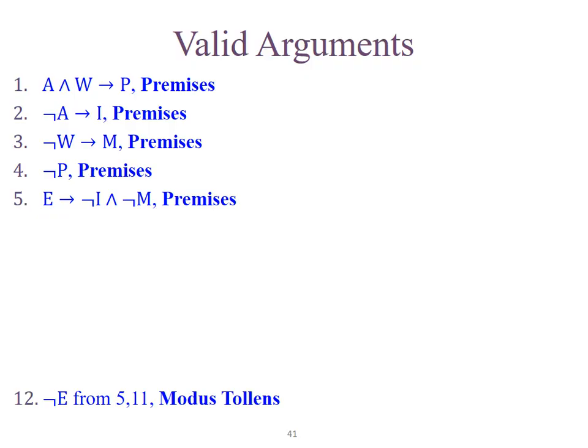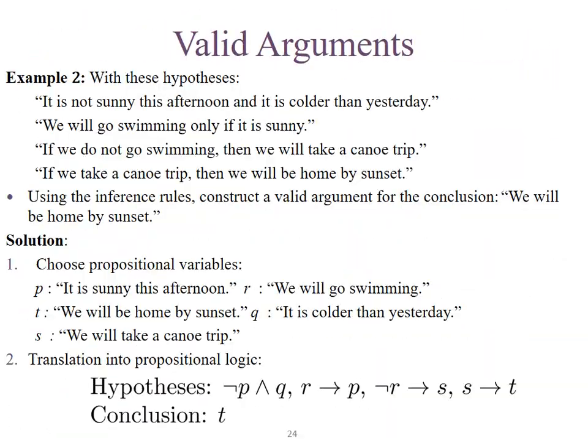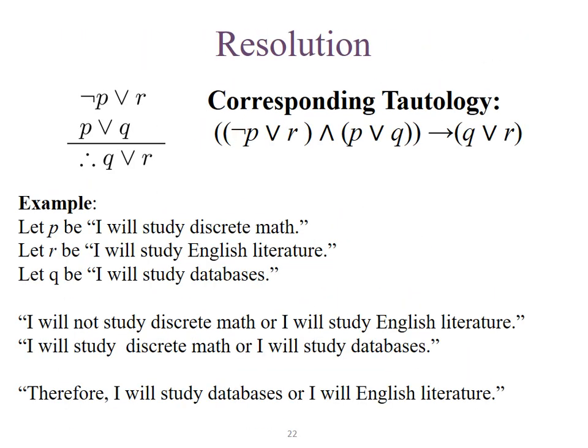Now watch steps 4 and 5 closely. We have A or I, and not A or not W. What's that? Because we have A or something, and not A or something. If you don't remember, then let's go back to resolution.